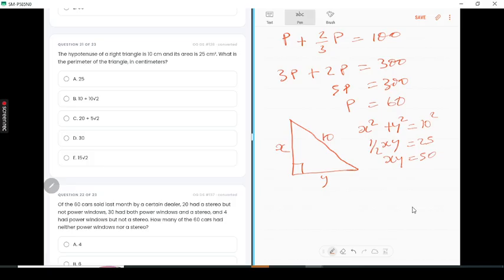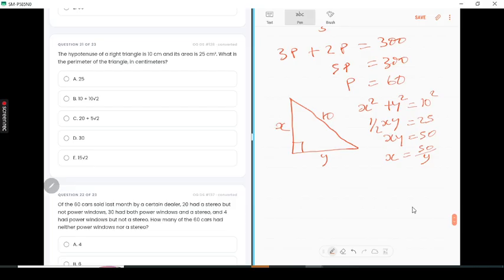Then we can solve simultaneously, of which we can say S equals 50 over Y. Anywhere we see S, we put 50 over Y. So we can say 50 over Y all squared plus Y squared equals 10 squared. Now 50 squared is 2500.